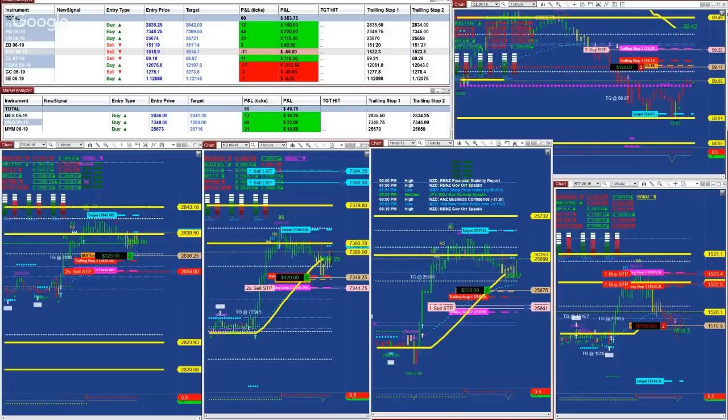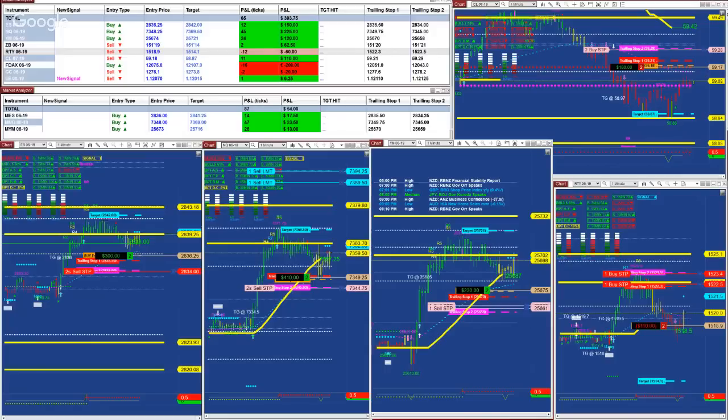So right now, after this pullback, this is nice, because before there is a new signal on the 30-year, there is a new signal on the 6E Forex future sell position. As you see here, you follow it, and you sell, 120.70 target. It is 2015.